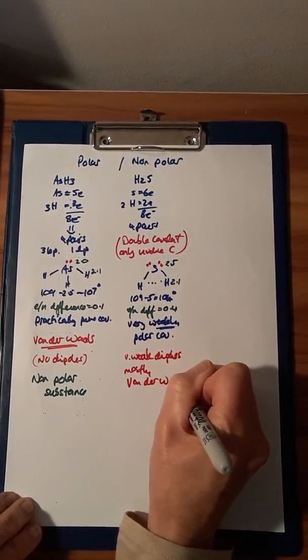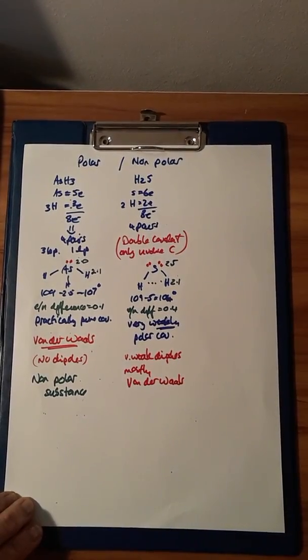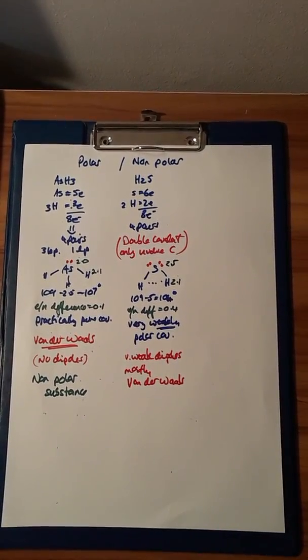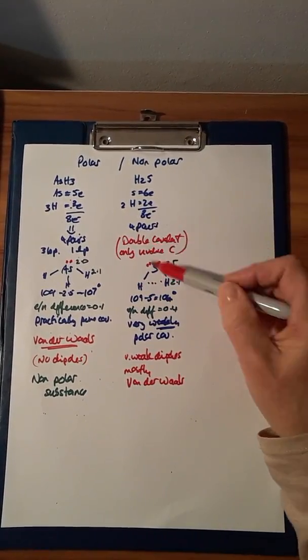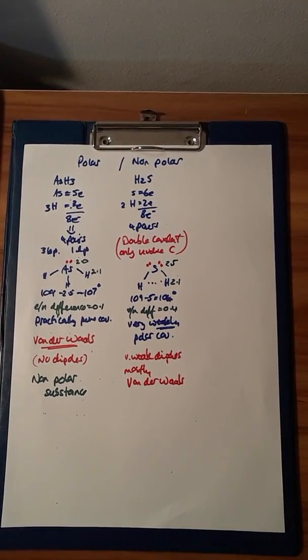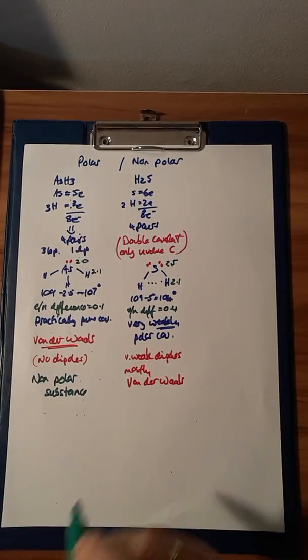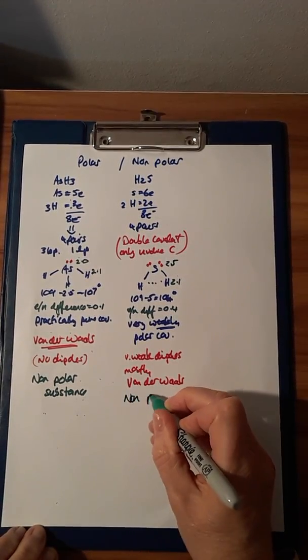between the molecules. So if you have mostly van der Waals forces between the molecules, even if the molecule is non-symmetrical, which this obviously is, then that substance is going to be a non-polar substance.